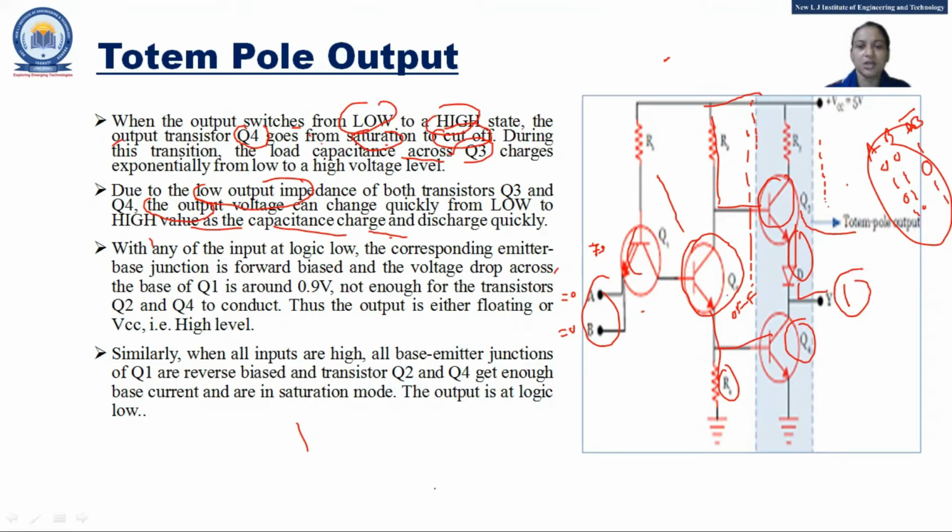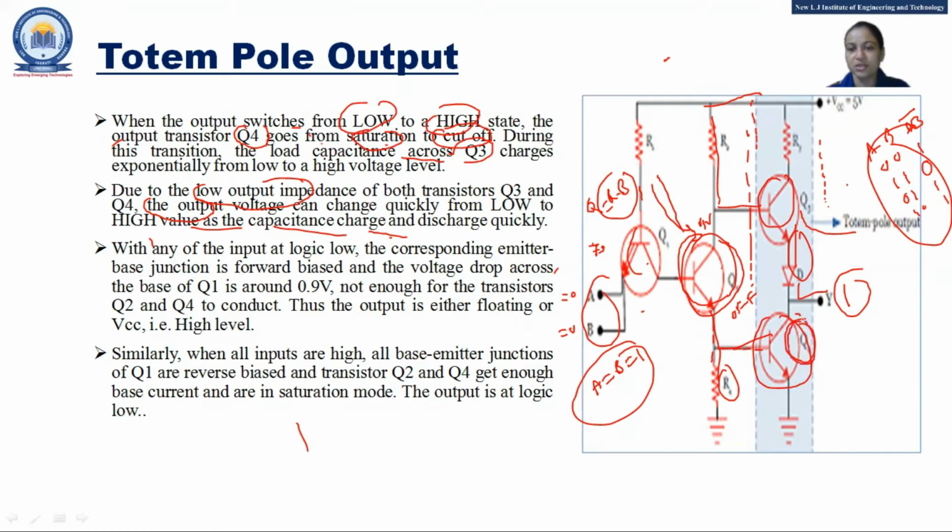Now another case: if we apply A equal to B equal to 1, what does this make? This puts Q1 in reverse bias. If it is reverse biased, the current flows from this to this, so there is enough current to make Q2 on. If it is on, the current flows here, and that makes Q4 on.